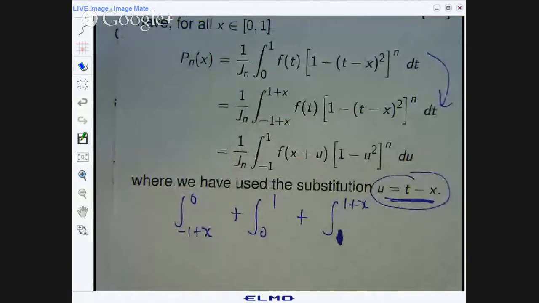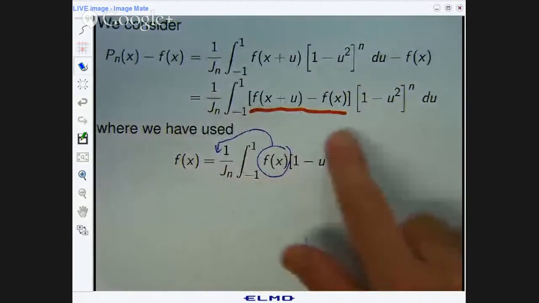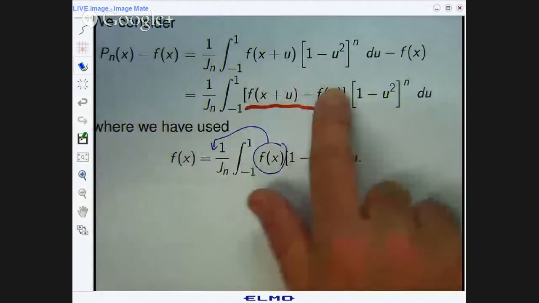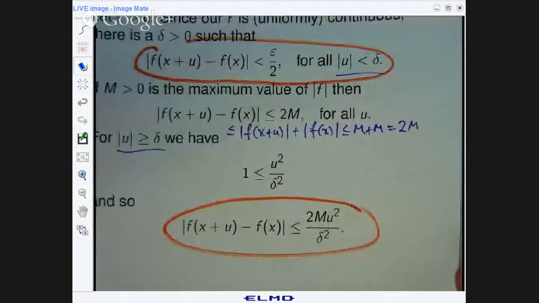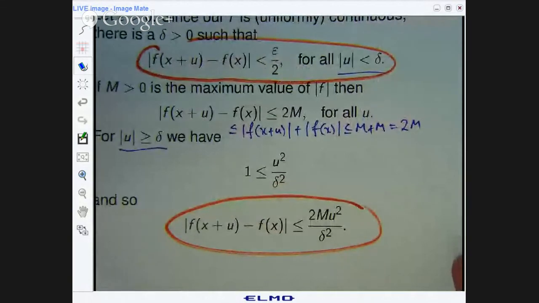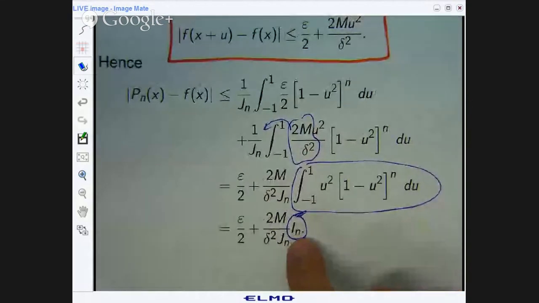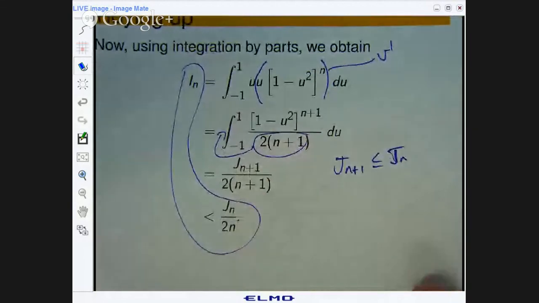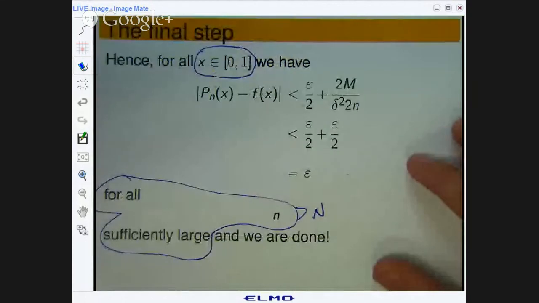And then you look at the difference of these two things and put it all under one integral sign. And then it's all about working with this difference here. One is due to continuity, the other one is due to the maximum. And lastly, you tidy up with an inequality on this integral here, and you can get the approximation in the final step.